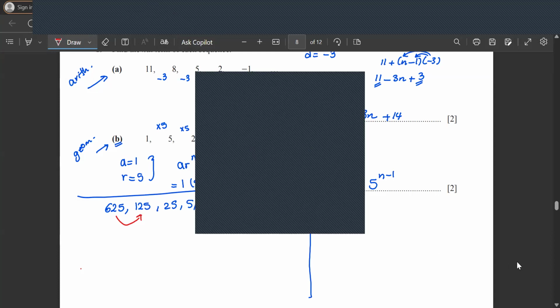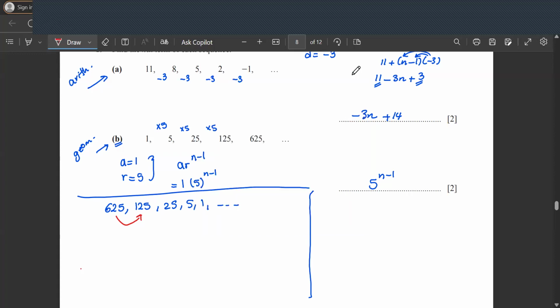Multiply by 1 over 5. Yes, multiply by 1 over 5. Please don't say divide by 5. There is no division in the geometric sequence. It is multiply by 1 over 5.